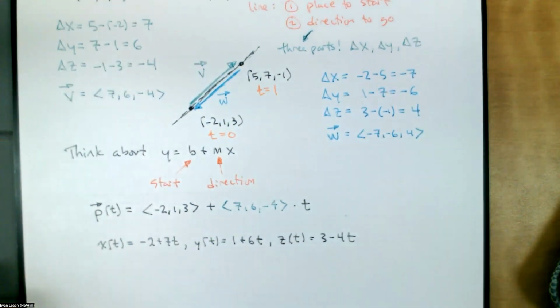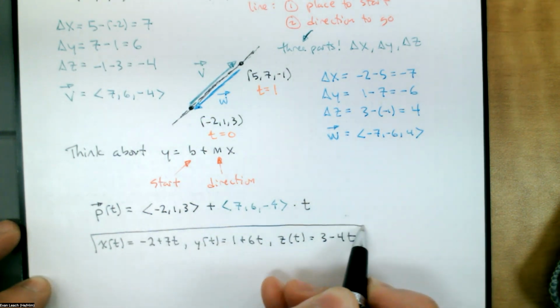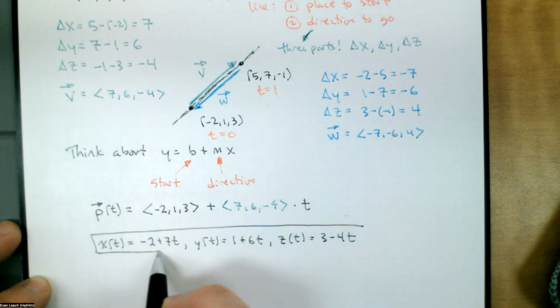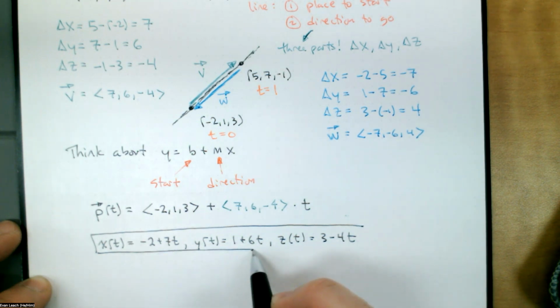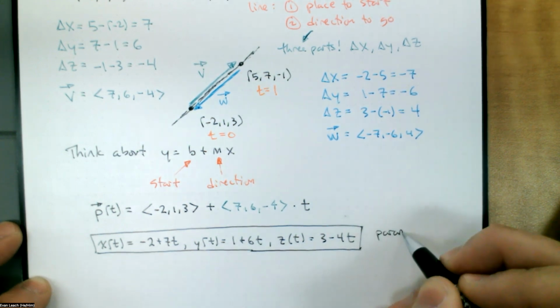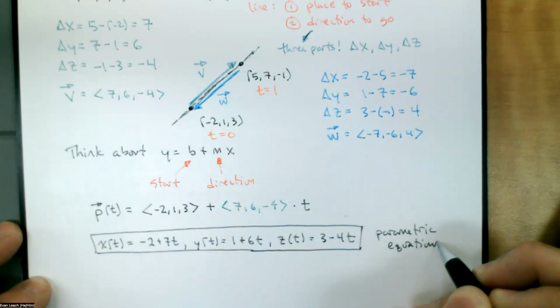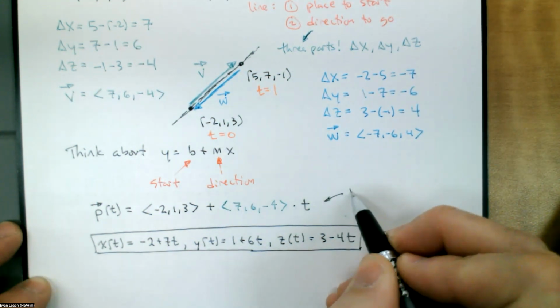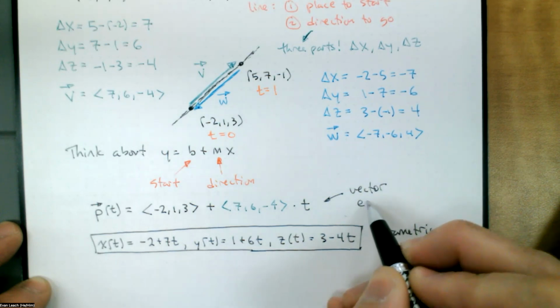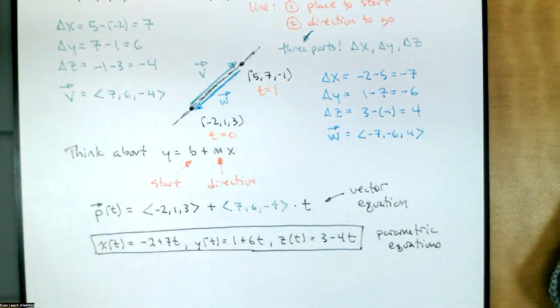Here are our parametric equations. So P of t, that could be our vector equation, and I could break that into 3 parametric equations.